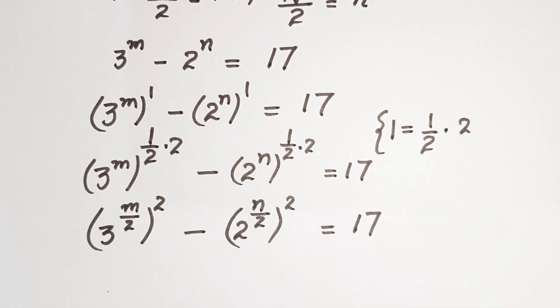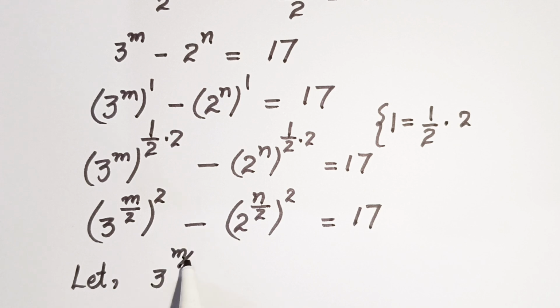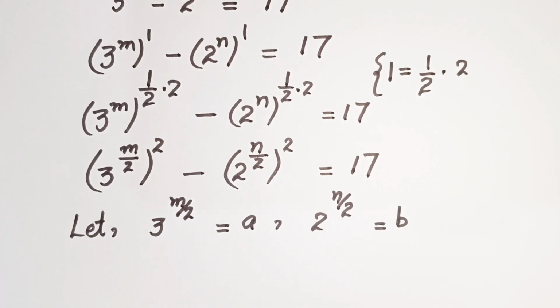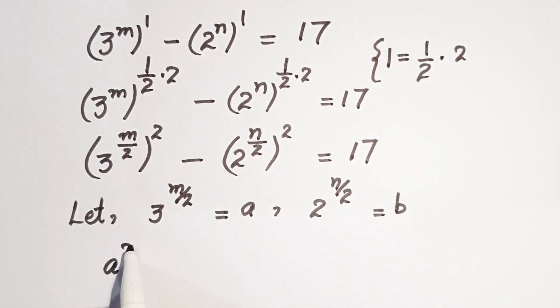Now let us suppose again that 3^(m/2) is equal to a, and 2^(n/2) is equal to b. Substituting, we get a squared minus b squared is equal to 17.